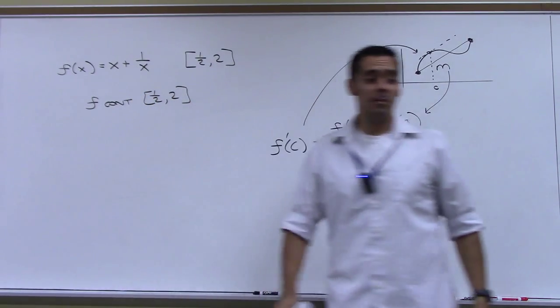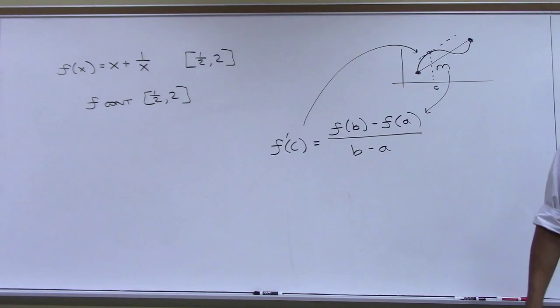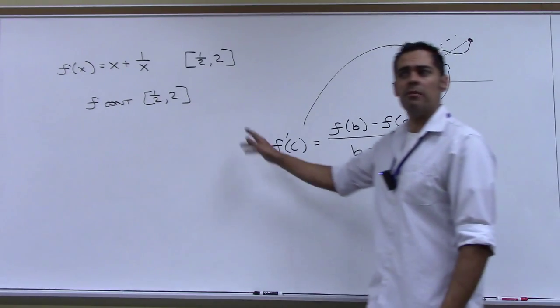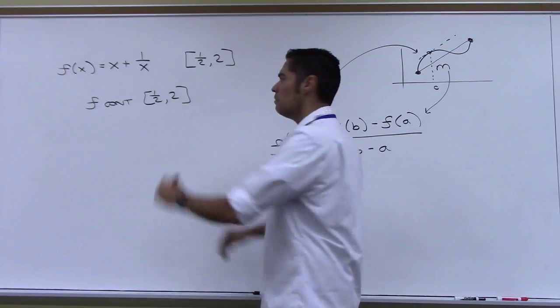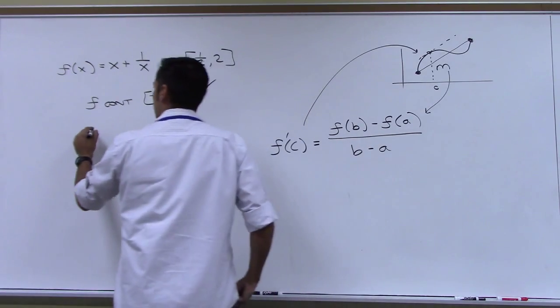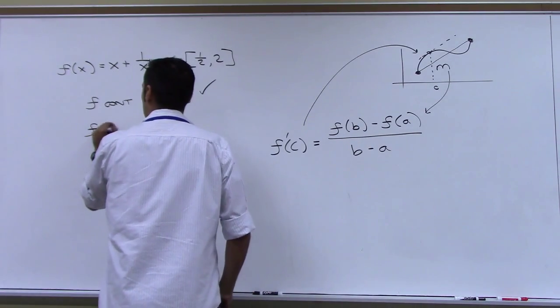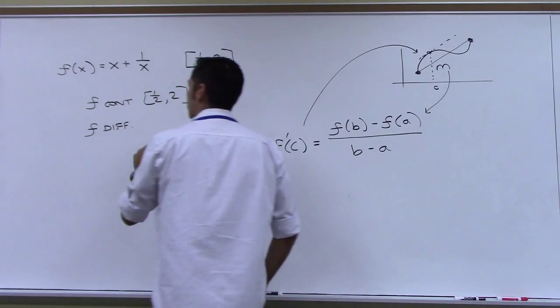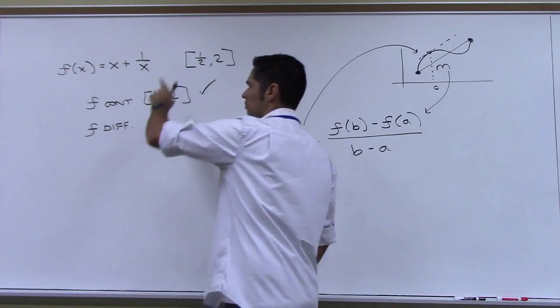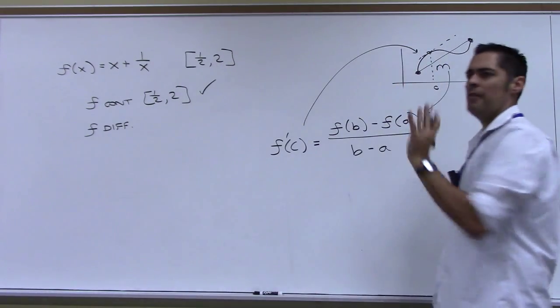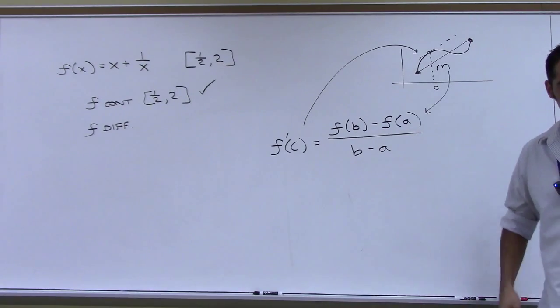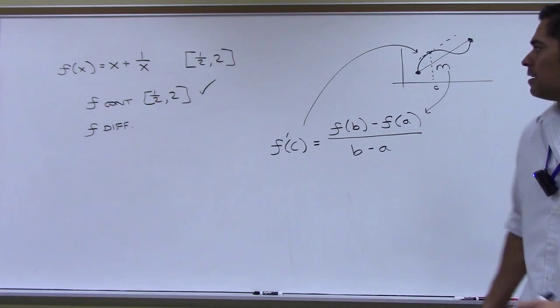Well, there is a problem at 0, isn't there? Can't plug 0 in, but 0 is not in our interval, right? So that's okay. Is it differentiable? Well, we have to be able to take the derivative. Can you take the derivative of that? Yes. So we should have a nice clean derivative, and shouldn't be any problems. So the mean value theorem should apply.